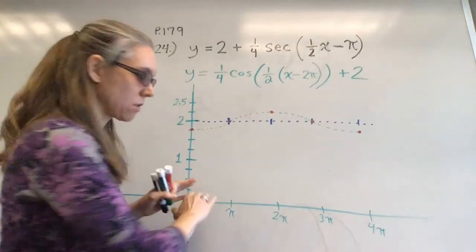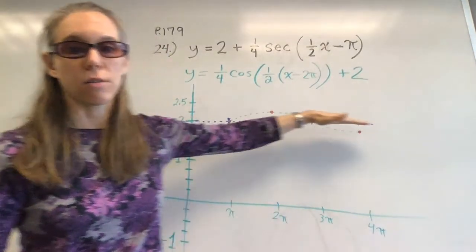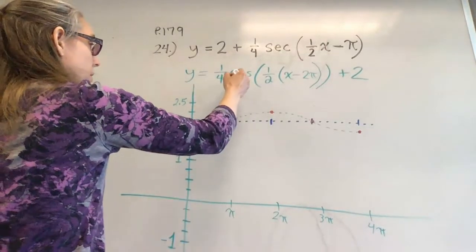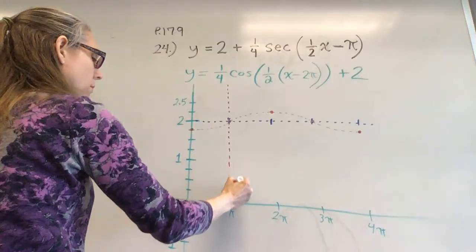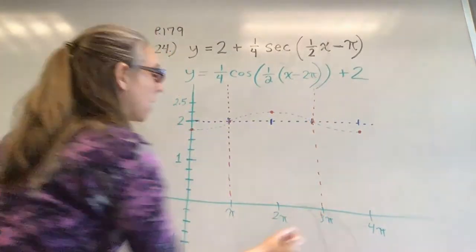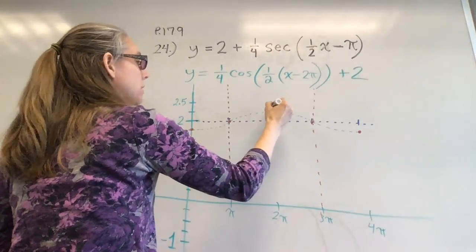But here, instead of looking for the zeros down on the x-axis, you're actually going to look for where they cross this midline. So my vertical asymptotes are going to occur at pi and 3 pi. And now I can piggyback off this curve for my secant graph.